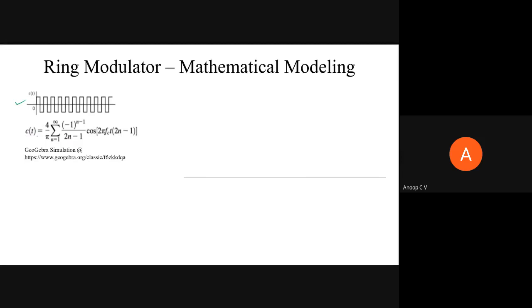But what is the difference between this Fourier series representation of a positive pulse train and this square wave? Can anyone tell me that?